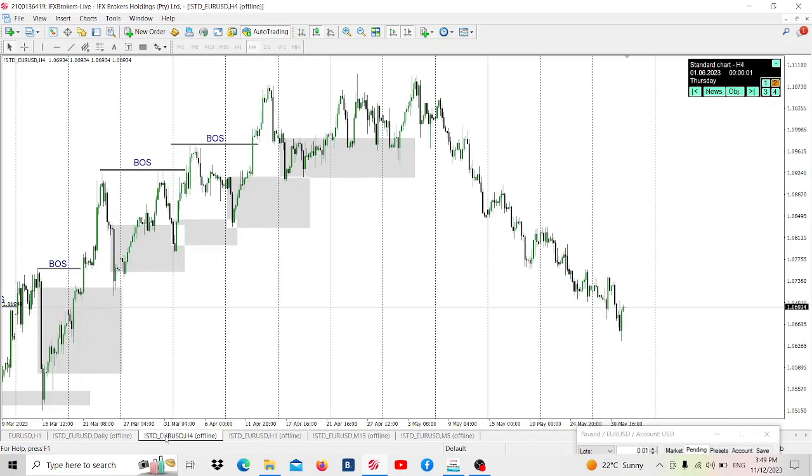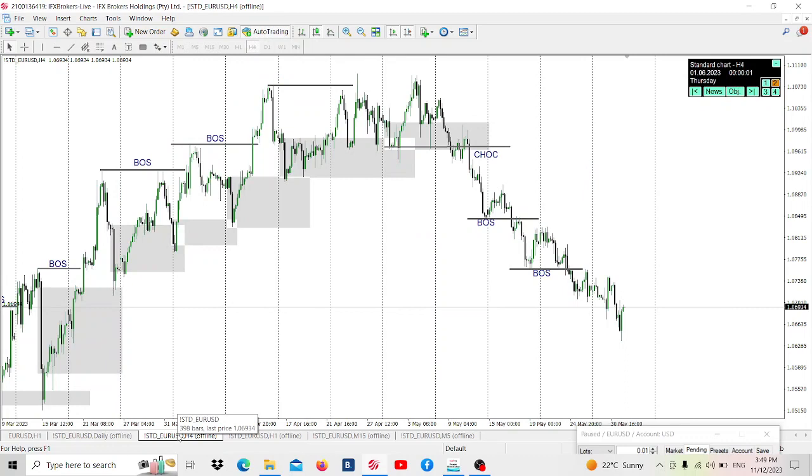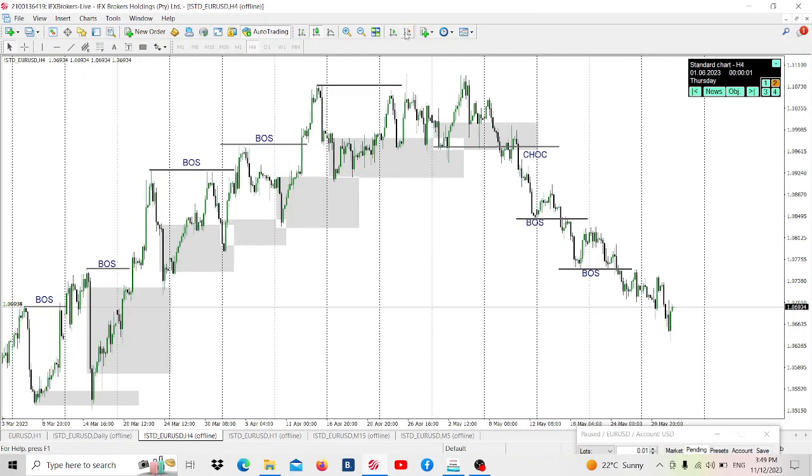So on our 4-hour chart, we just took what was on the daily and put it on a 4-hour chart.